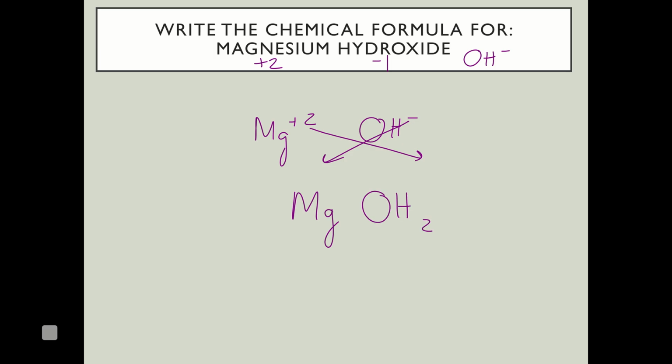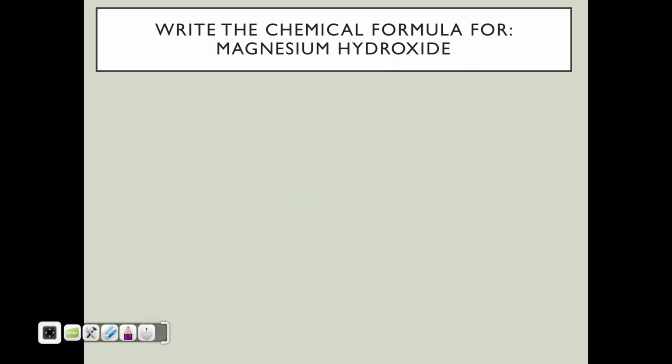But the idea is I need 2 OHs, so I put it in parentheses, and I put the subscript on the outside of it. We use parentheses to protect the polyatomic ion, and if I need additional ones, I write the subscript on the outside of those parentheses.